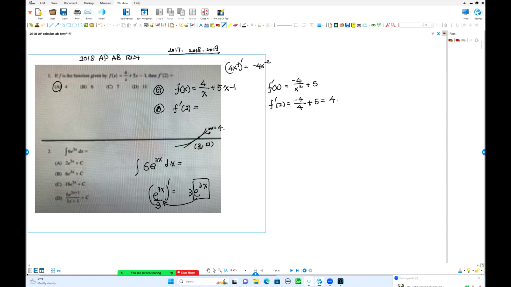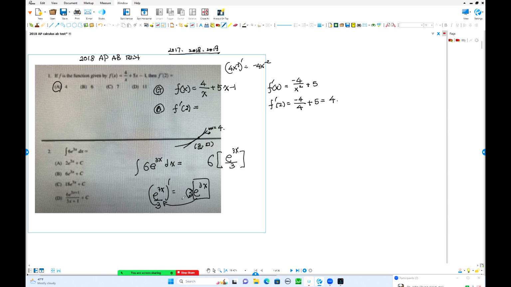So for e to the 3x, the antiderivative looks like this: e to the 3x, but divided by 3, right? When you take a derivative, you multiply by 3, but for the antiderivative you divide by 3, the reverse way.